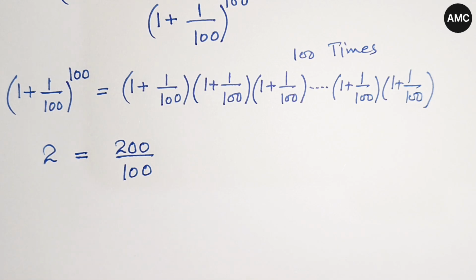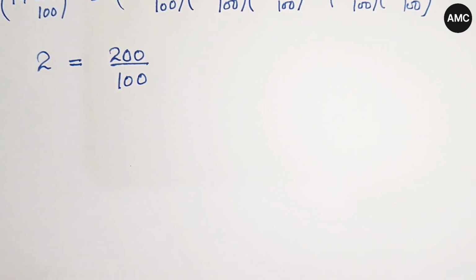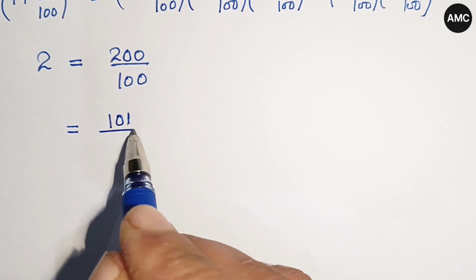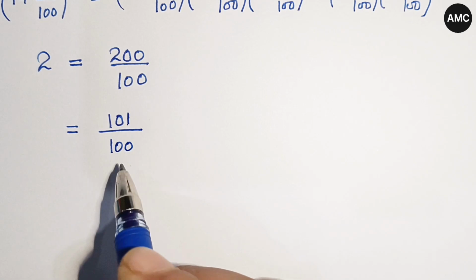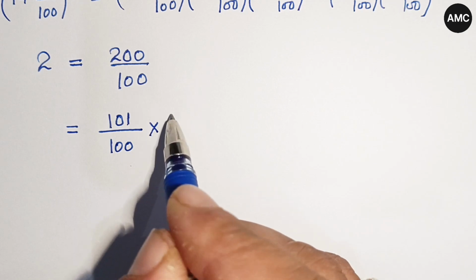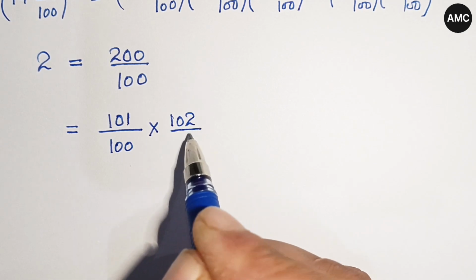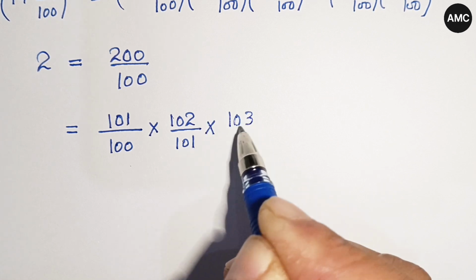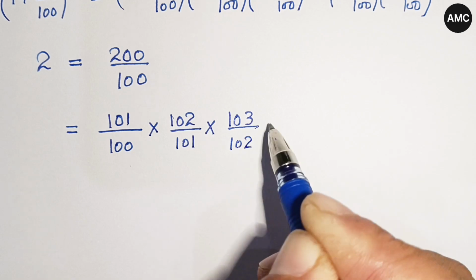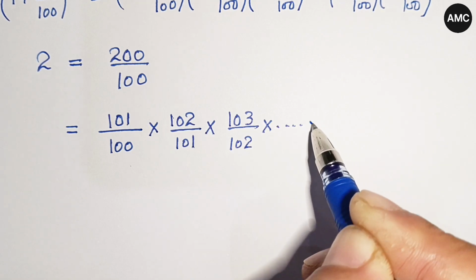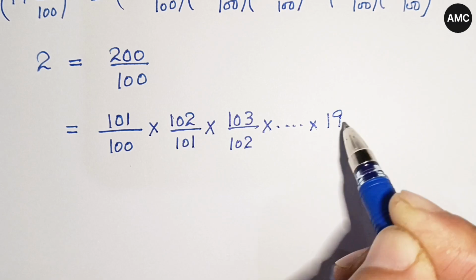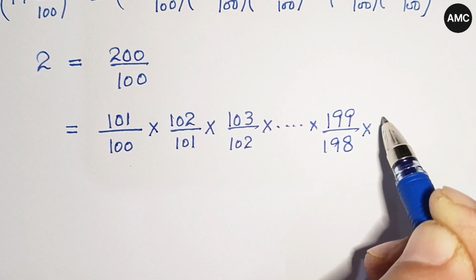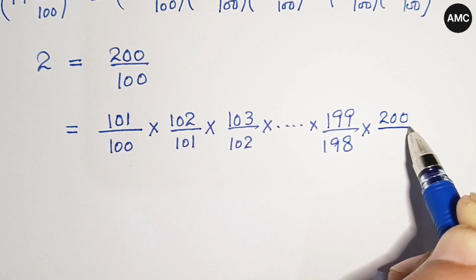So this 200 divided by 100 we can write as 101 over 100 multiplied by 102 divided by 101, similarly multiplied by 103 divided by 102, and so on, up to 199 divided by 198 and multiplied by 200 divided by 199.